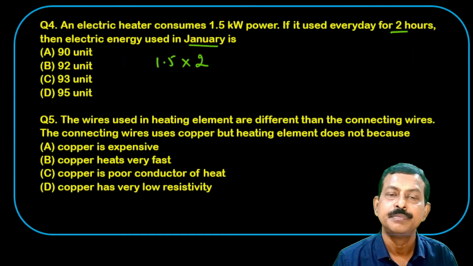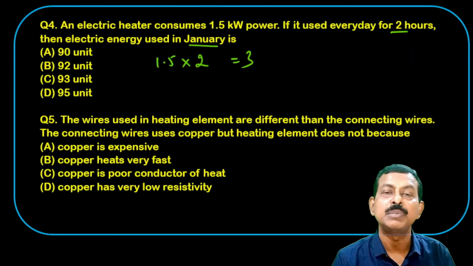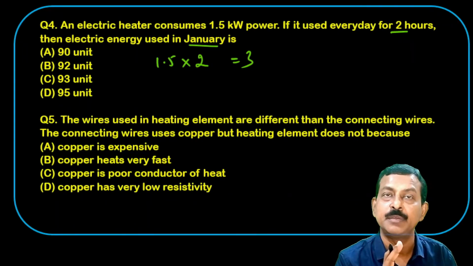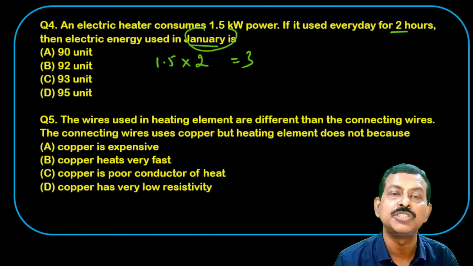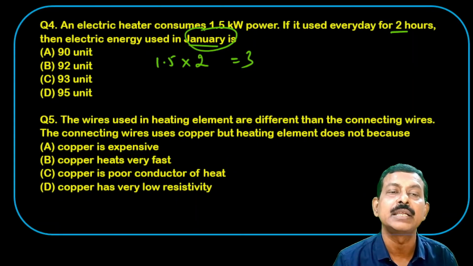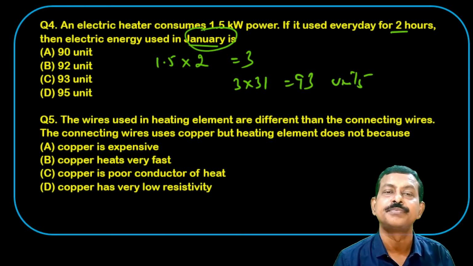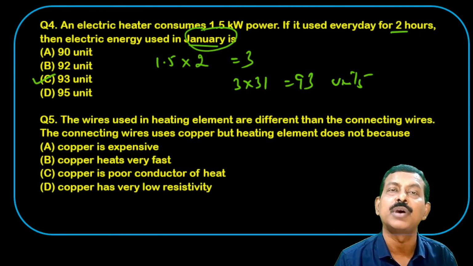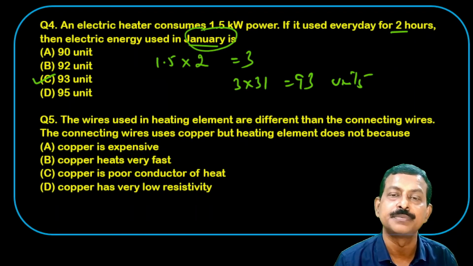So this is 3. That means power consumption will be 3 units per day. And since it is asked for January, the number of days in January will be 31. So in that case, the energy consumption will be 3 into 31, so it means 93 units. Here, if you consider the different options, the third one is the correct one, 93 units.